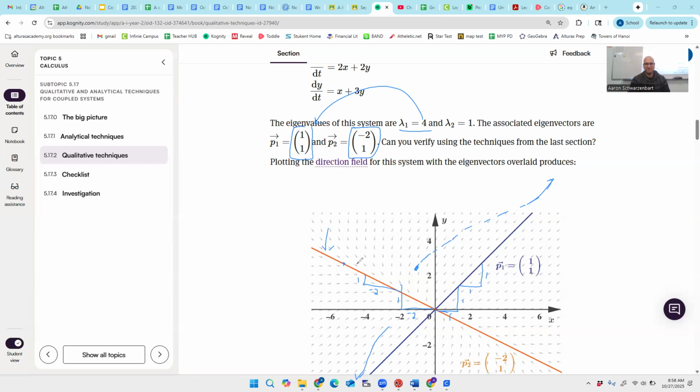But if it's not on the eigenvector, even this one is going to end up hooking eventually to be along this eigenvector. That makes sense. And what you're going to have to show with these diagrams, if you can put the eigenvectors on, you get a point. If you can show that it's going to it, it's always the eigenvector that corresponds to the larger eigenvalue. Unless, of course, it's on the other eigenvector.